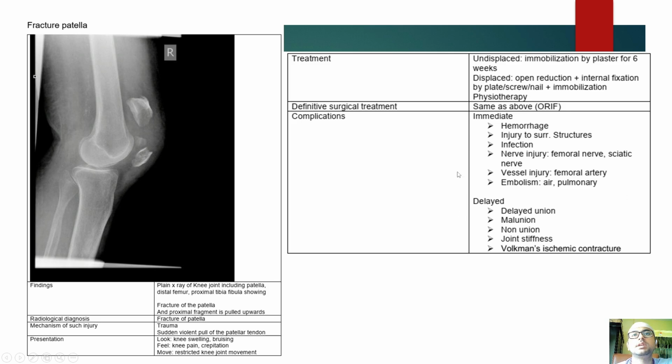Okay, so these are as common as the previous ones, so try to remember this. Look: knee swelling, bruising, knee pain, crepitations and restricted knee movements. In case of treatment, immobilization for 6 weeks. If displaced, open reduction internal fixation by plate, screw, nail, immobilization and physiotherapy. Okay.